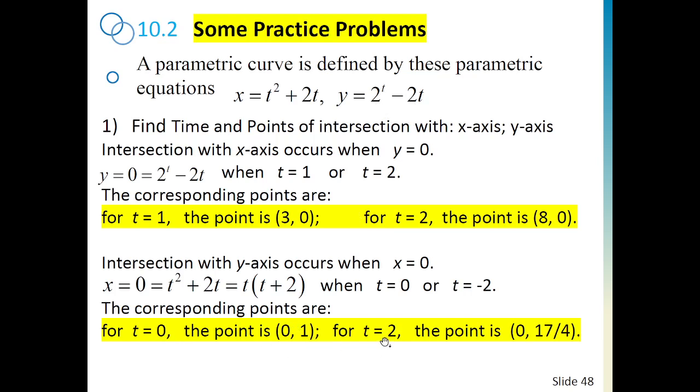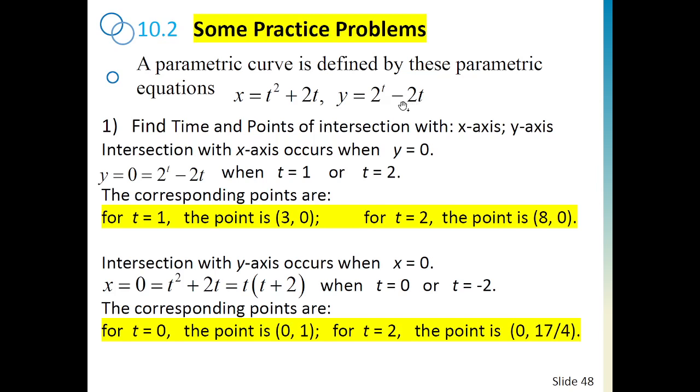And at time t = 2, so we plug 2 here, so we have 4 minus 4, right? Oh, it is t = -2. So at t = -2, 2 to the power -2 is 1/4. And this will be minus 2 times minus 2, that will be 4.